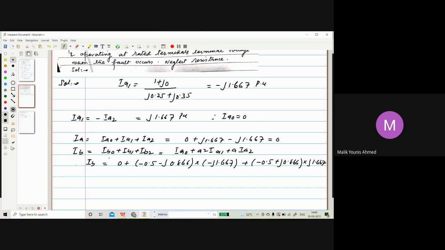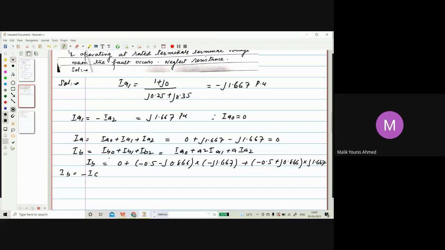So this is minus, minus plus. IB is actually equal to minus IC, so IC is equal to minus IB.